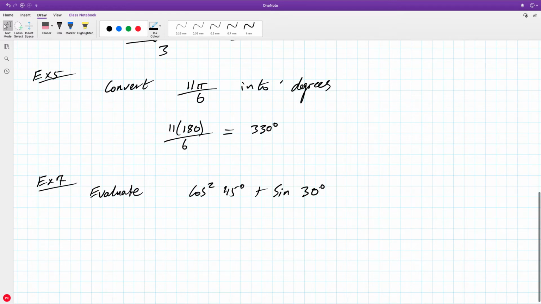What's the rule with trig there? What can we do to the cos squared 45 to make it easier to work with? Cos squared theta is equal to cos of theta, all squared. You can move it to the outside. Is that alright? Theta is just any angle, a symbol used in trigonometry for a reference angle.